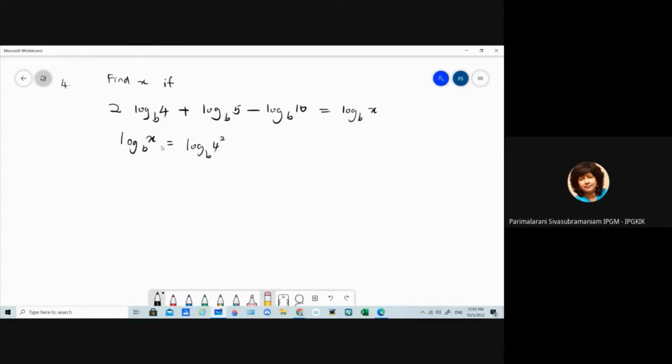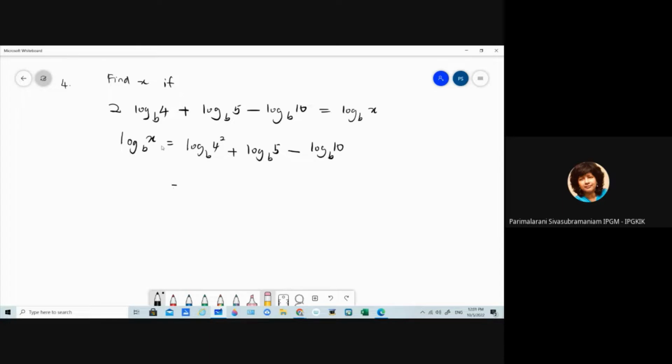Bring the exponent up, so we have 4 to the power of 2 plus log 5 base b minus log 10 base b. You notice that all the bases are the same. If all the bases are the same, then you can easily solve this.